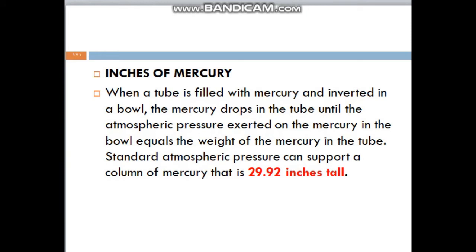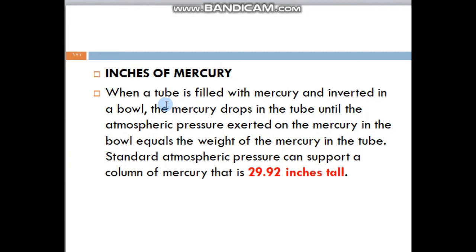The second unit, inch of mercury. When a tube is filled with mercury and inverted in a bowl, the mercury drops in the tube until the atmospheric pressure exerted on the mercury in the bowl equals the weight of the mercury in the tube.